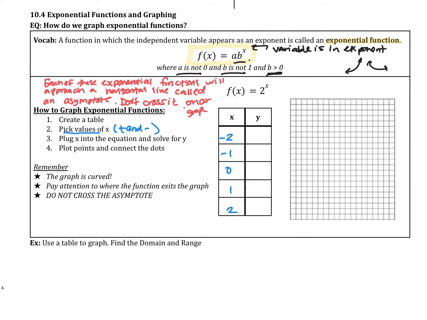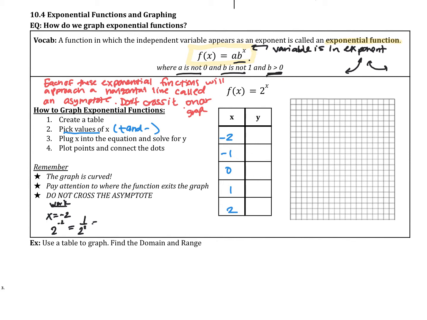Then we're going to plug these in, and we're going to have to remember some rules of exponents from way back in Unit 7. I'm going to show my work down here for the table. If x is equal to -2, then I'm saying 2 to the power of -2. Remember, with negative exponents, we take the reciprocal and make the exponent positive.